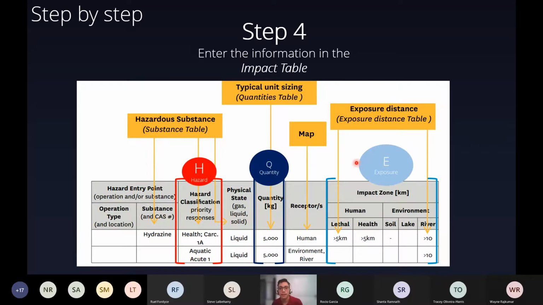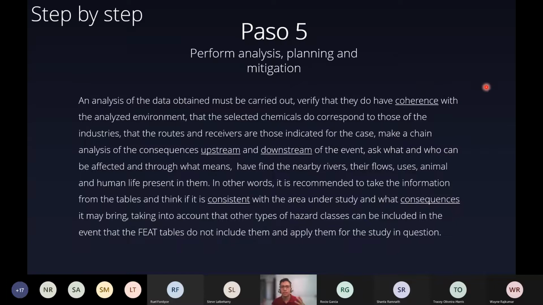And finally, the final step is to check that there is coherence in the results. You also should check the effects upstream and downstreams of the event, because everything is assuming a flat surface, but of course, there's hills, slopes, and everything that could change these estimations a little bit.